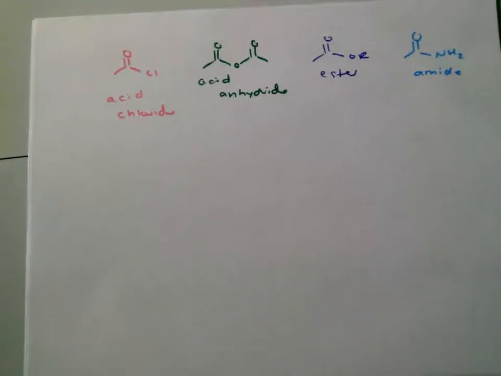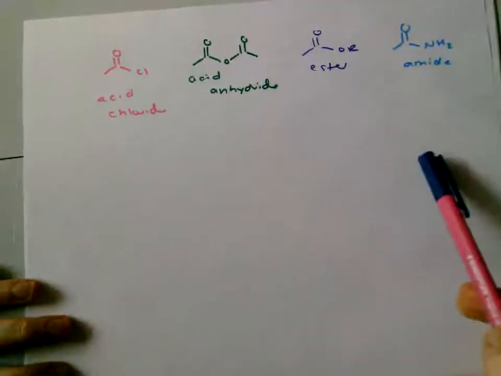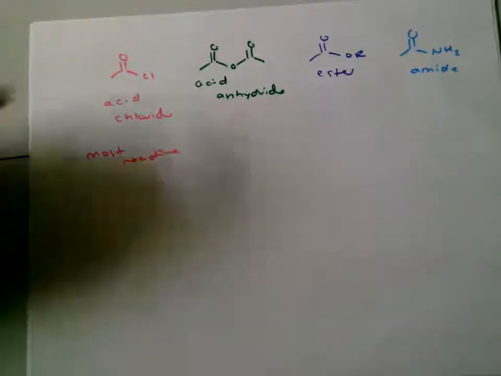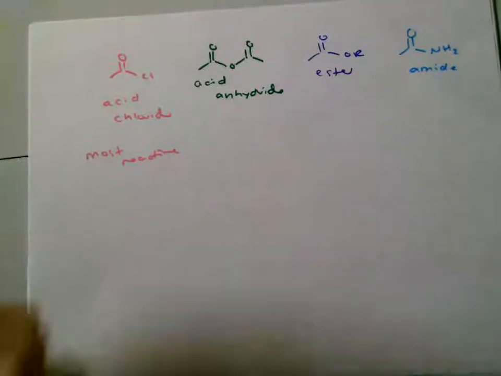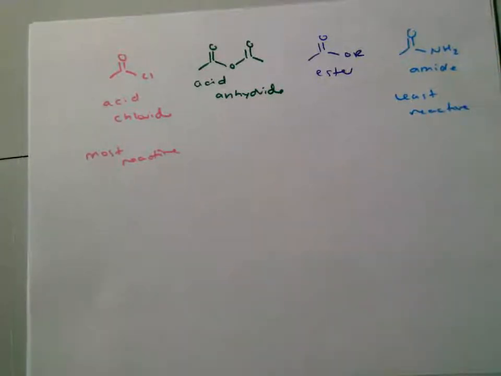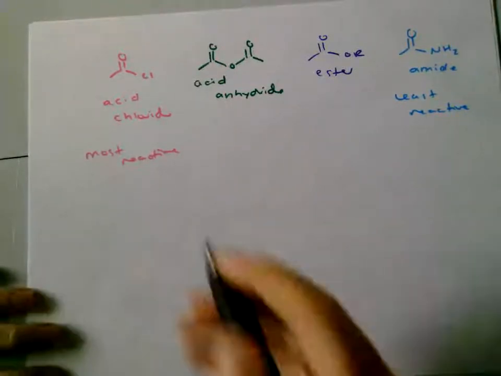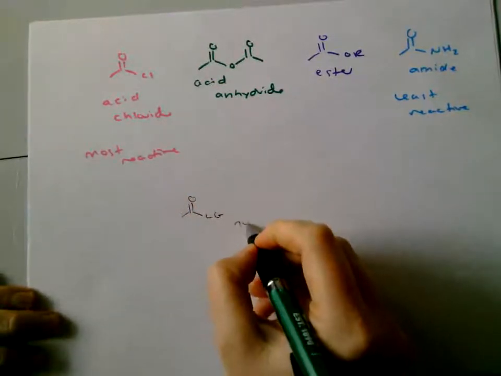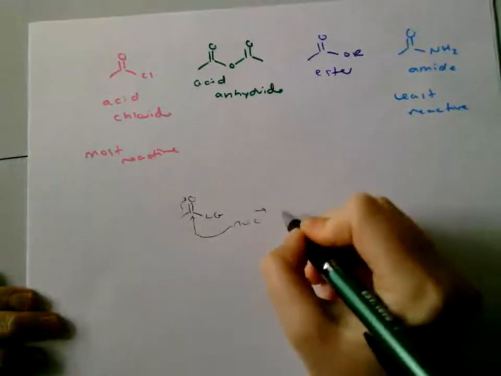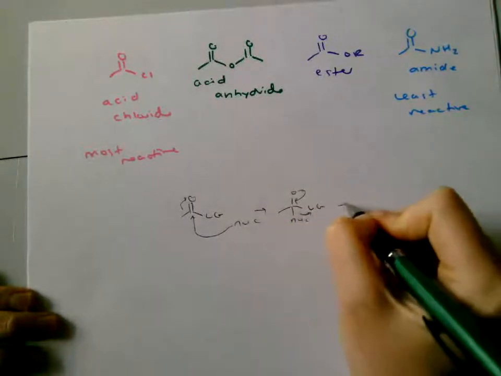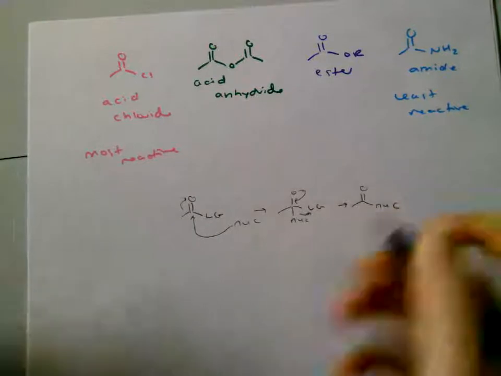What's interesting about these is they are decreasing in reactivity. This is the most reactive, and you can turn this into most other things, but the amides are the least reactive. They don't turn into very much. Pretty frequently in carbonyl chemistry, if you have a good leaving group and a nucleophile attacks, it can come attack and kick up, and you'll get your O- with your leaving group and your nucleophile, and then this will recover and kick out the leaving group.